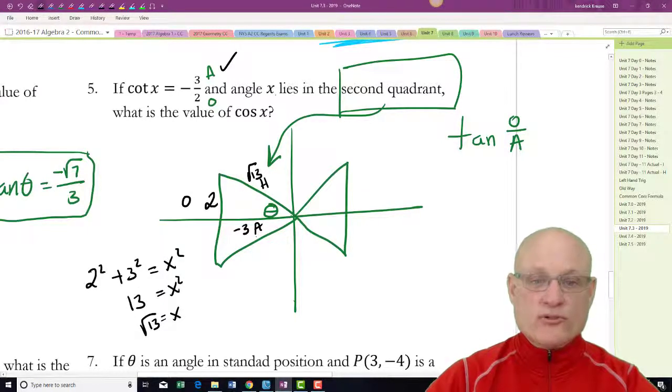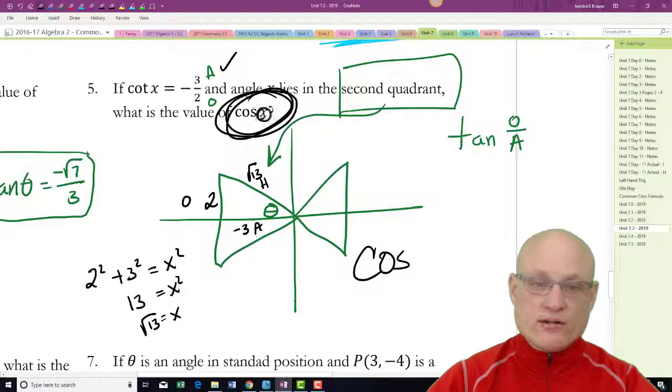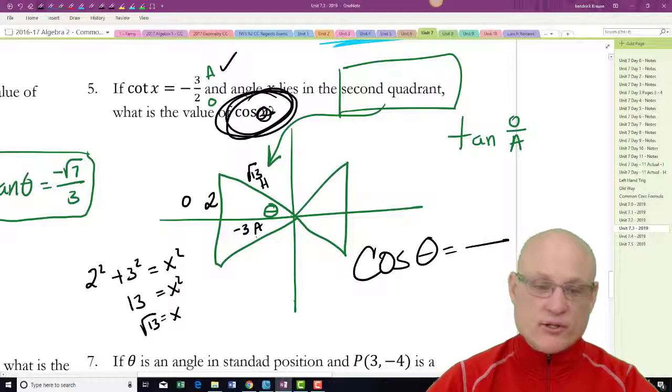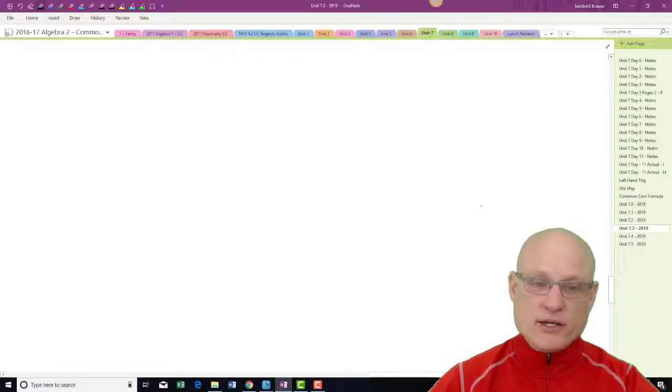So the question says, what is cosine of x? So cosine, I should say theta. I used x. Let's call it theta. Cosine of theta is equal to adjacent over hypotenuse, negative 3 over the square root of 13. But you know you can't leave that.